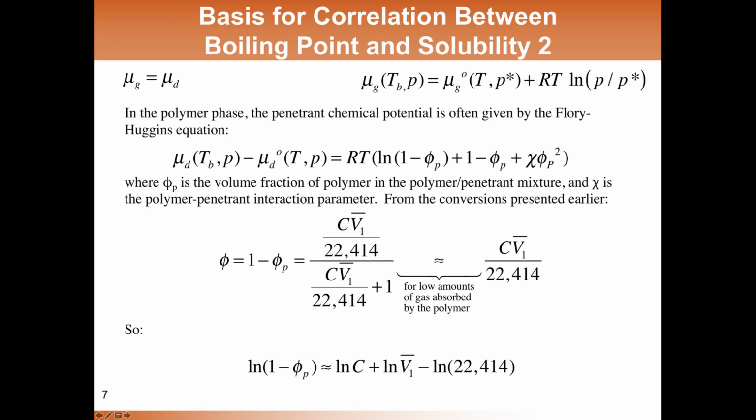And in the polymer phase, the penetrant chemical potential for a rubbery polymer could be written in terms of the Flory-Huggins equation that we talked about last time.